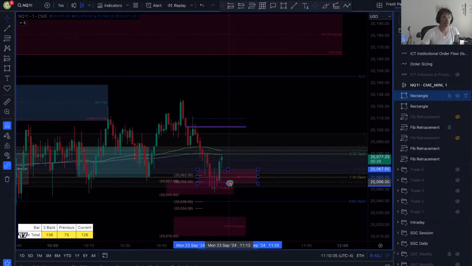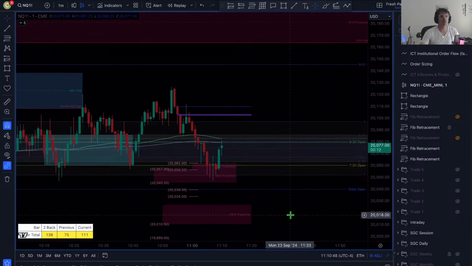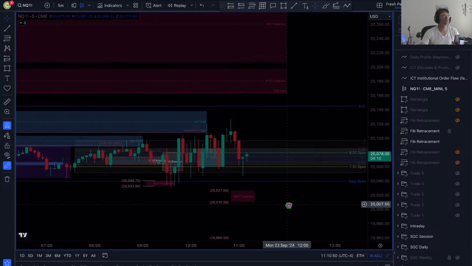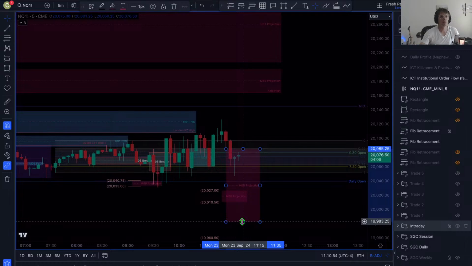It wicked through, but it didn't close past the second projection on either one of them. And this is becoming M1 reversal PA to the upside. Your MAs are still up. Now you're in a 5-minute fair value gap to the downside.